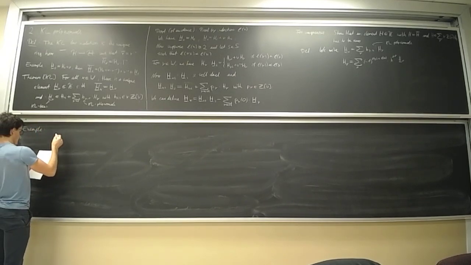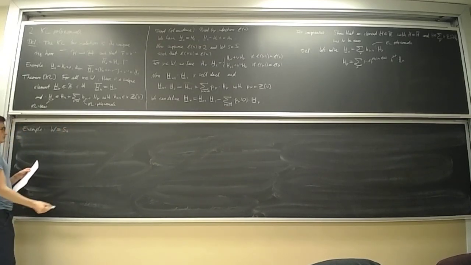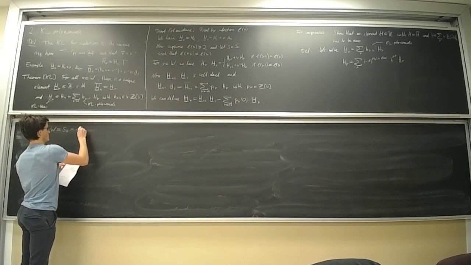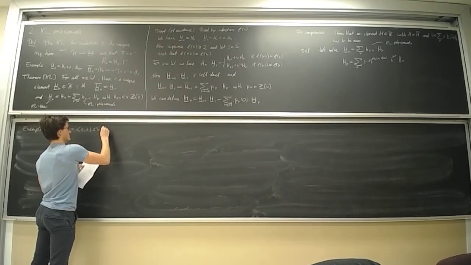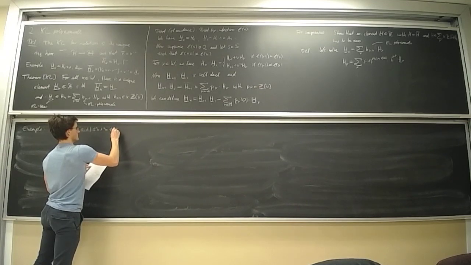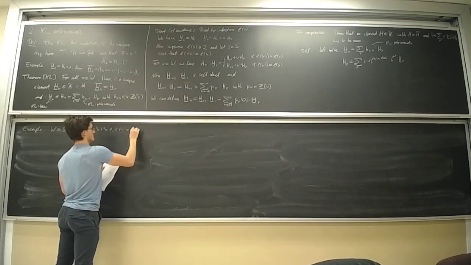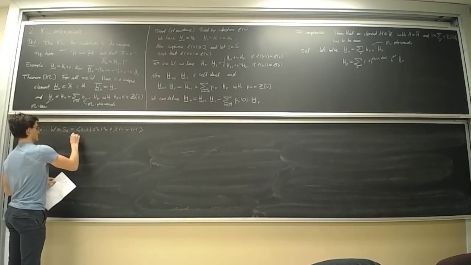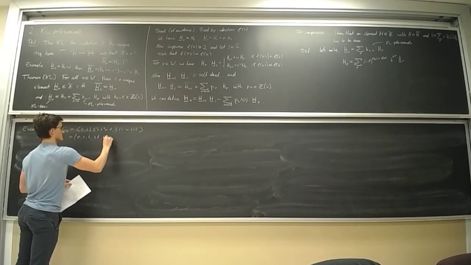We look at the Weyl group of type A2, so the symmetric group on 3 points, which is generated by 2 reflections s and t subject to the relations s squared equals t squared equals 1 and sts equals tst. So this is going to have 6 elements: e, s, t, st, ts, and sts.